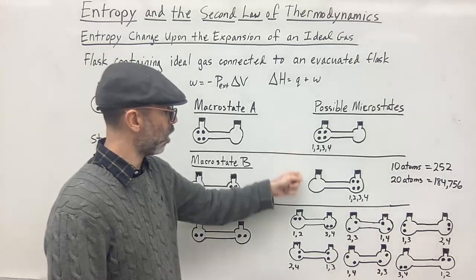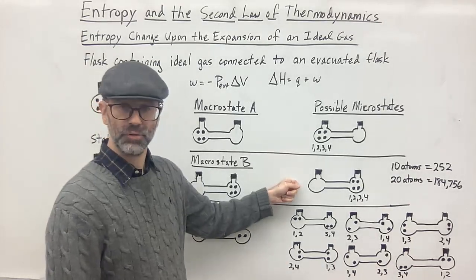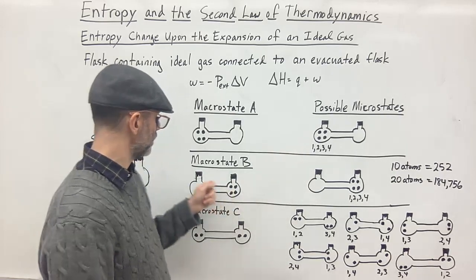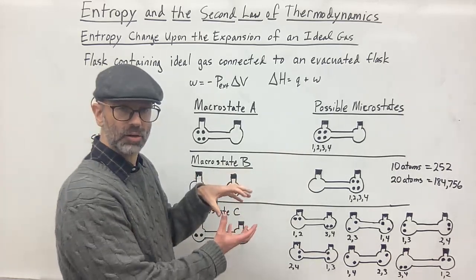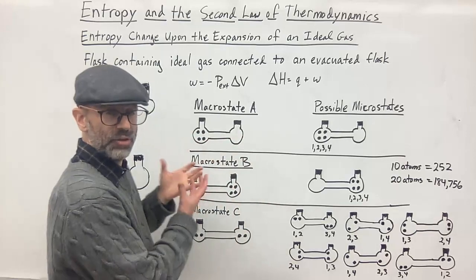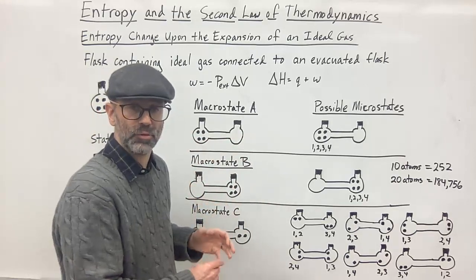They only have one possible microstate because these macro states are where all of the particles are on one side or the other, and that's only one microstate possible for that.